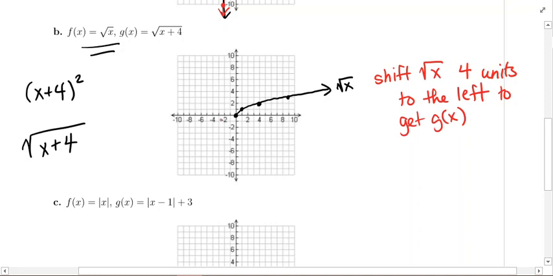Here we go. We're going to take each key point and just move it 4 units to the left. The point at the origin will shift 4 units to the left, so 1, 2, 3, 4. It will end up at negative 4, 0.